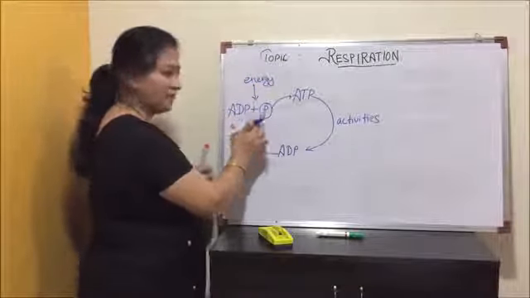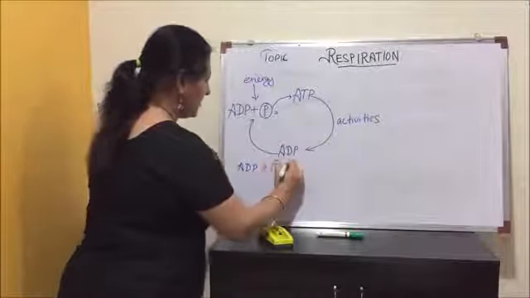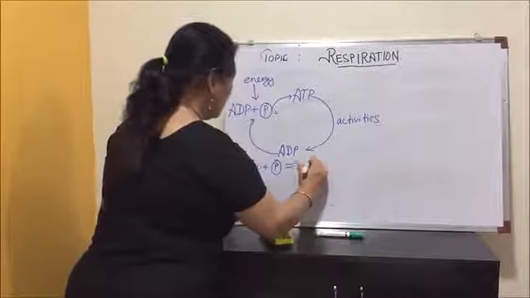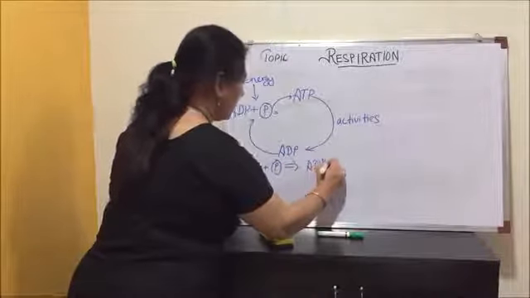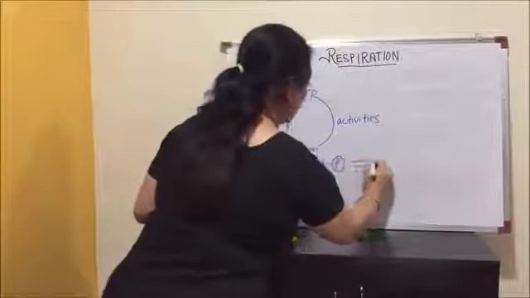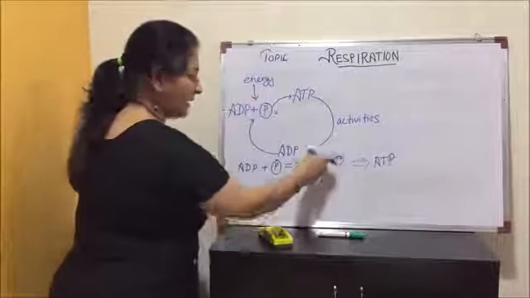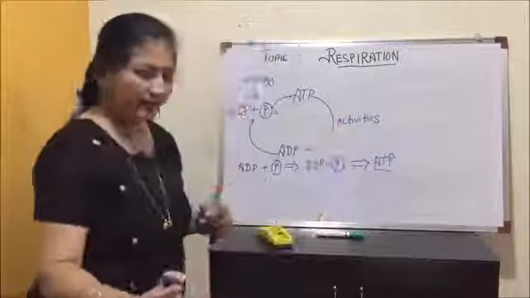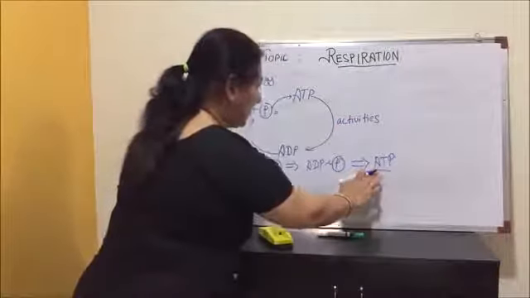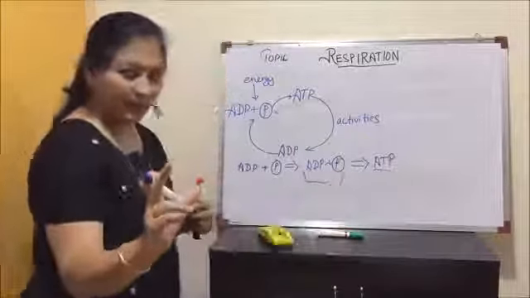So let's make it ADP plus P. So there will be a bond of ADP with inorganic phosphate, this P, and what will form? ATP. Okay, now the ATP has formed, fine. This is the last phosphate which is attached to ADP. Now this can also be considered as ATP.